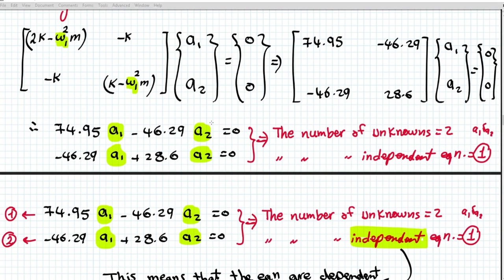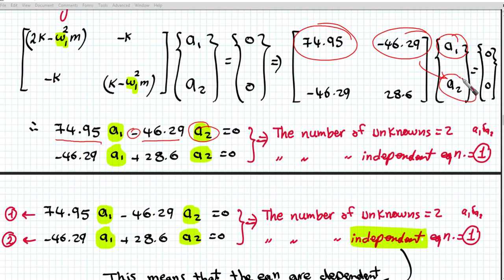The first equation is 74.95 times A1 minus 46.29 times A2 equal to 0. Similarly for the second row, we're going to have this. Look at these two equations.